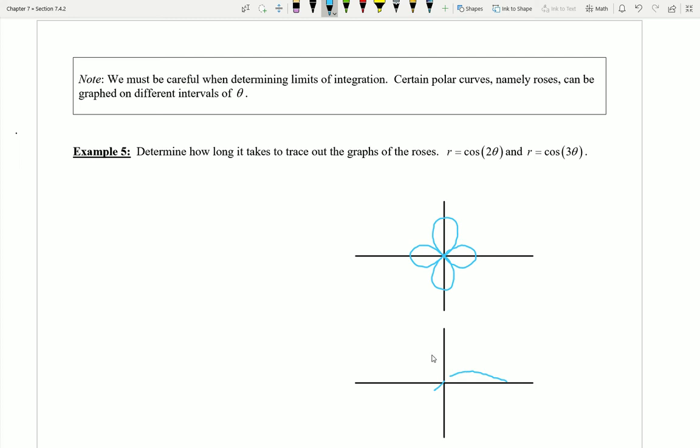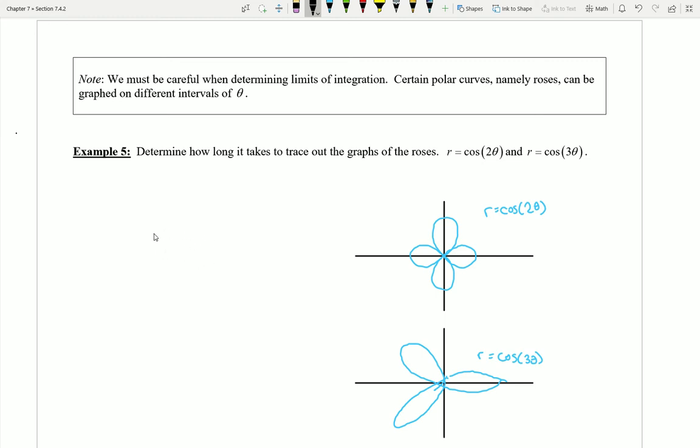So I kind of have something that goes back to the origin, loops around like this, comes up in here, and loops back like that. So hopefully you had some pictures that are kind of similar to this. And so again, this down here is my cosine of 3 theta, and this up here is my cosine of 2 theta.